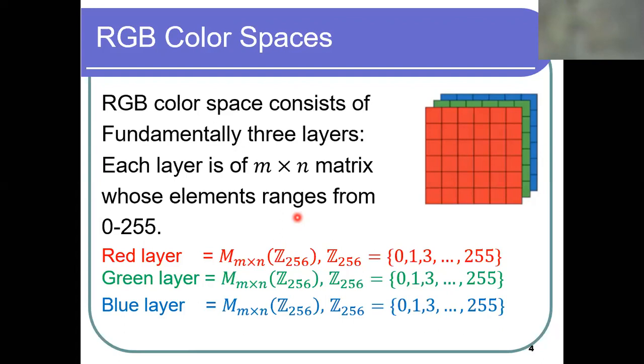So whenever we are saying RGB, it means we have three layers. It is a color image, and color images consist of three layers: red, green, blue. Each and every layer is fundamentally a matrix of M cross N whose elements are from 0 to 255.